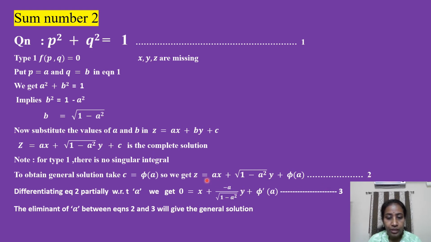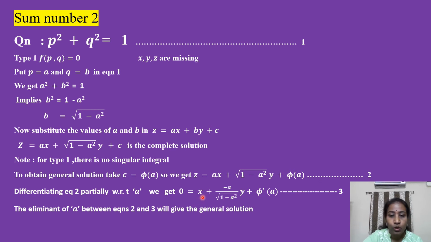And then I differentiate this equation 2 with respect to a partially. As discussed earlier, z will be treated as a constant when I differentiate it partially with respect to a, so I get 0 here. Ax with respect to a partially gives x, plus this root of 1 minus a square.